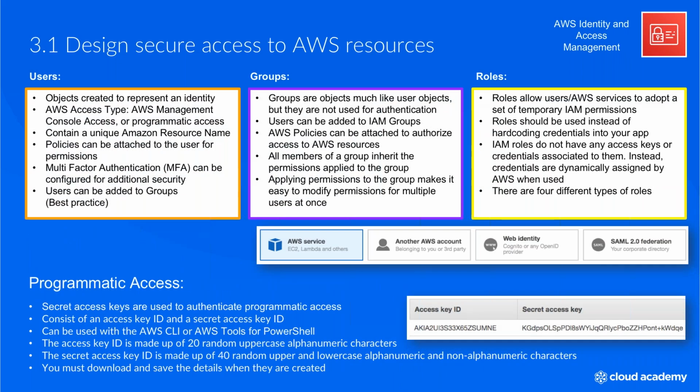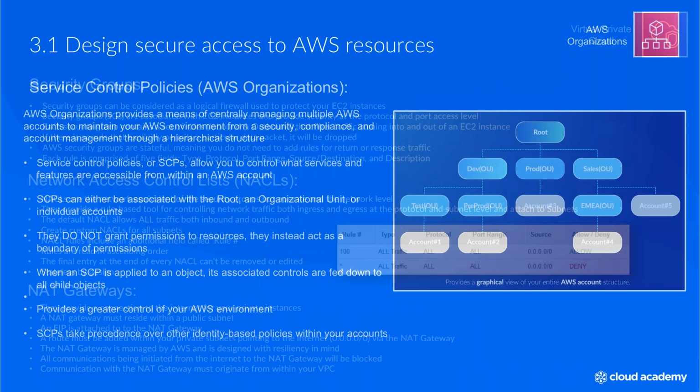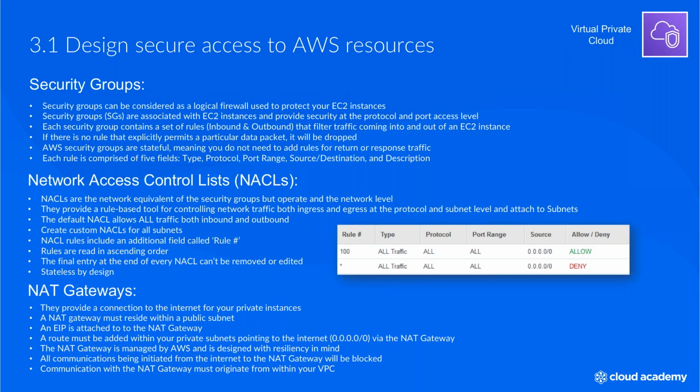Here we go, the users, groups, and roles. Sorry. We're going slow today. So now we're back on this one, yeah. That's right. So if something is stateful, it's keeping track of who sent the messages and where it's coming from. And it says, all right, if you have allowed traffic in from this place, I assume you probably want to let it go back out. If something's stateless, you need to explicitly tell it that.